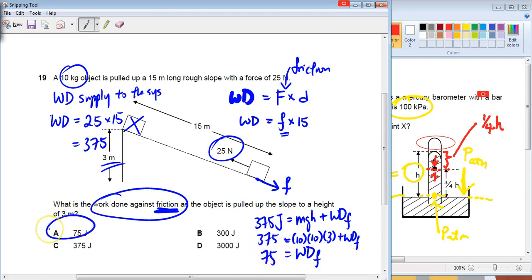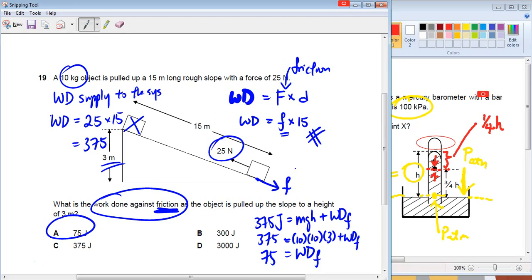Okay, so that's how you get your answer. So remember, if you get stuck in one equation here, do not, for convenience's sake, just assume your 25 to be the friction. Okay, it is the wrong concept. You need to approach this kind of energy question from how the energy is being converted.